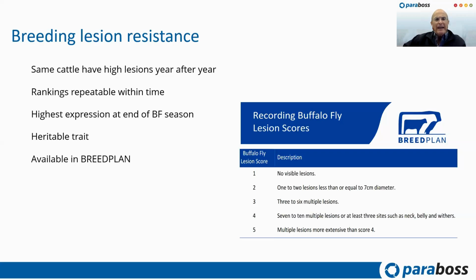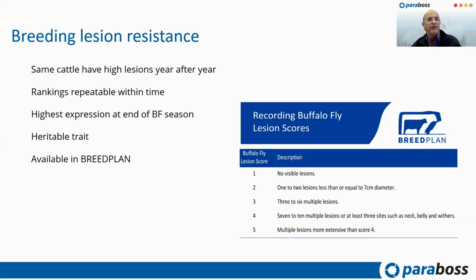Secondly, the rankings of these animals for lesion susceptibility are pretty repeatable within time. And furthermore, the highest expression of the buffalo fly lesions was at the end of the season. And unlike flies, where they move around, once they've got a lesion, you'll get the same measure. So it's much easier to measure or score than flies directly.